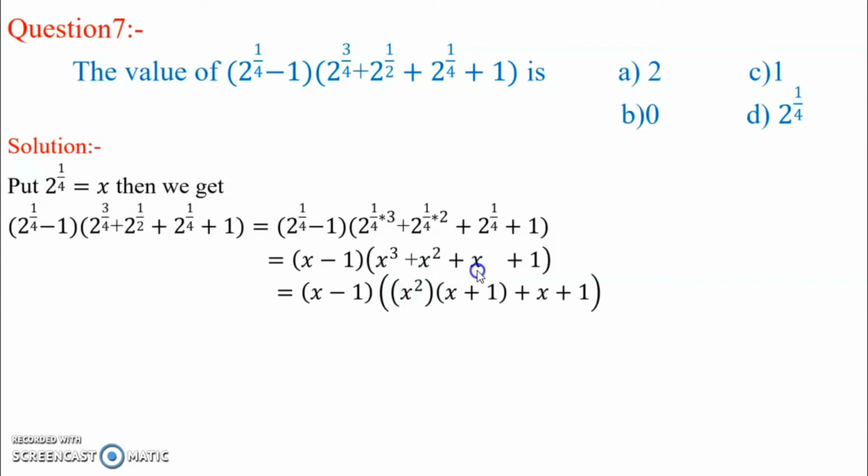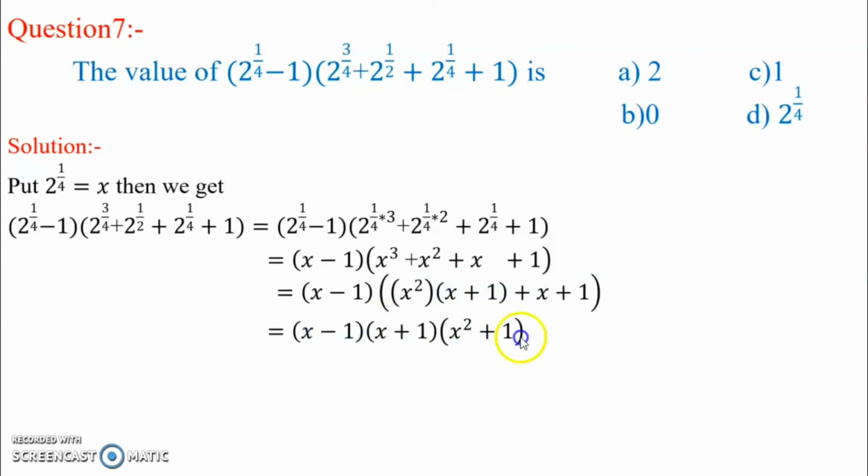And here nothing is common except the number 1, so I will keep this as it is. Now you can simplify it as, again here you have x plus 1, and again you have x plus 1. So this can be written as x square plus 1 into x plus 1.